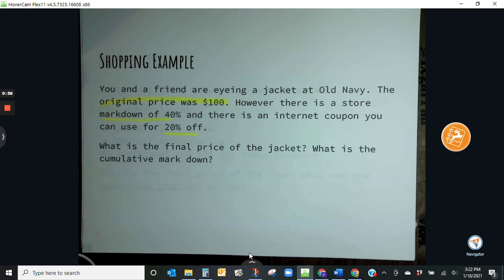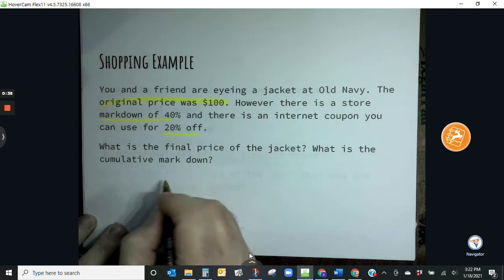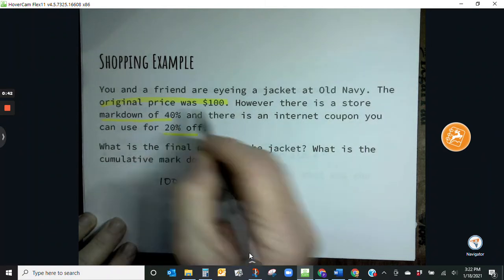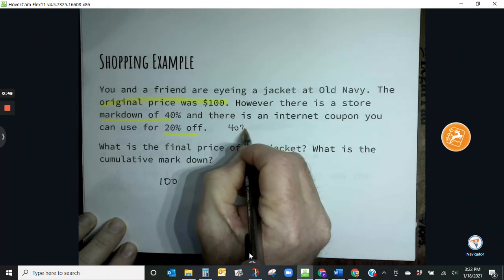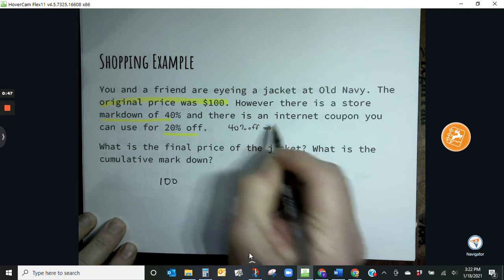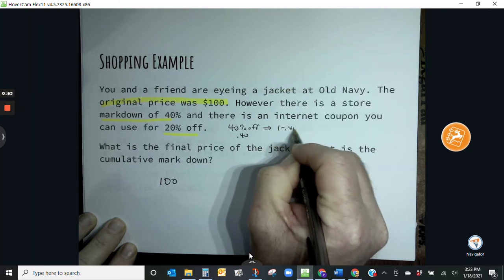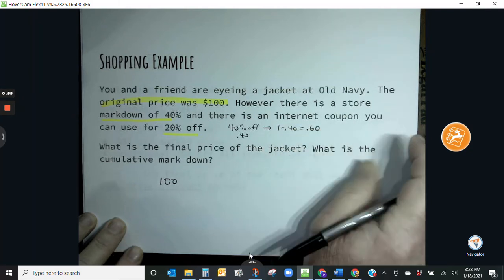Okay, so I know that if I start with a $100 jacket, a markdown of 40% off is 0.40. That makes my factor a decay factor. 1 minus 0.40 is 0.60.